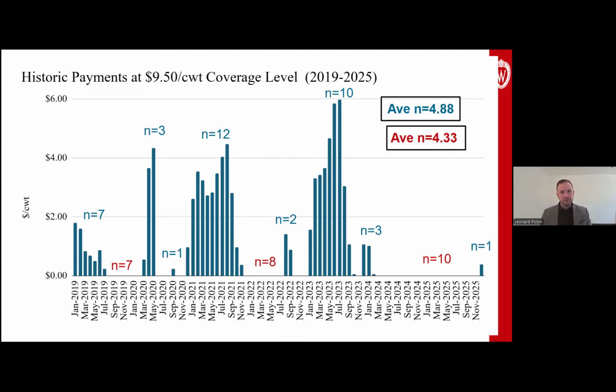But from that risk management standpoint, what I would encourage you to think about is, historically at least, since we've seen these fairly tight groupings of when payments are triggered, what does your operation look like for a sensitivity test? Do 4 months, do 5 months, do 3 months, right? Come up with this range. What does it look like if you have that period of time with margins below 9.50?